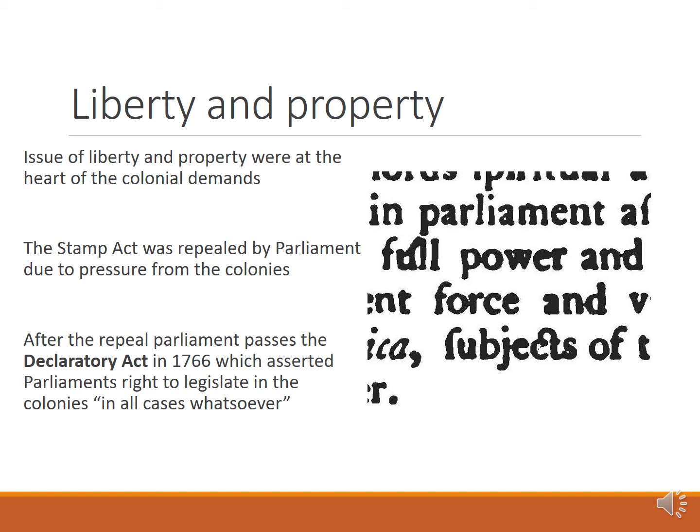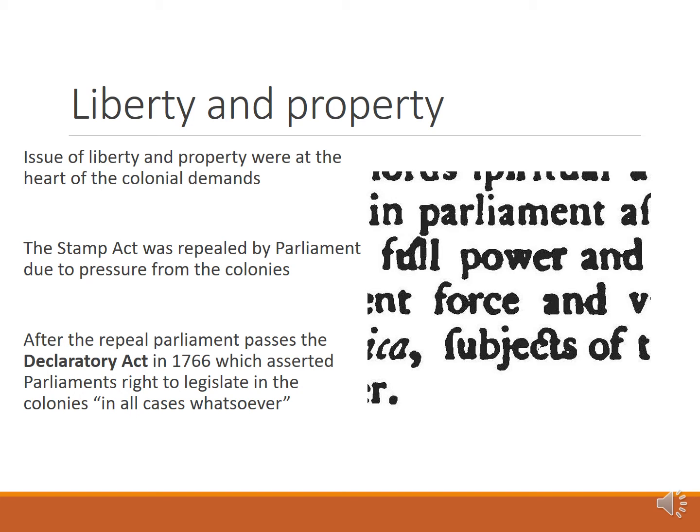Politicians and merchants in England reacted to the alarm in the American demonstrations and petitions. And in March of 1766, Parliament repealed the Stamp Act. But in response to the repealing of the Stamp Act, meaning it no longer was a law, they passed a second act called the Declaratory Act.